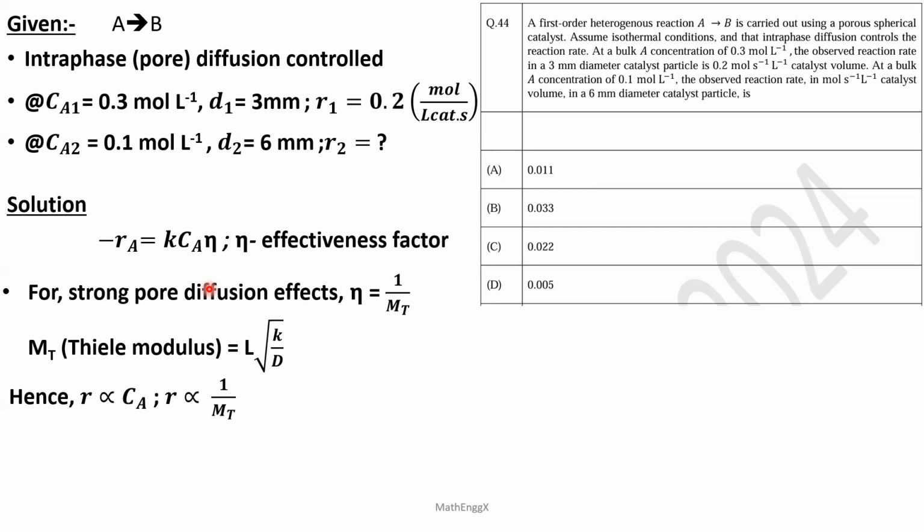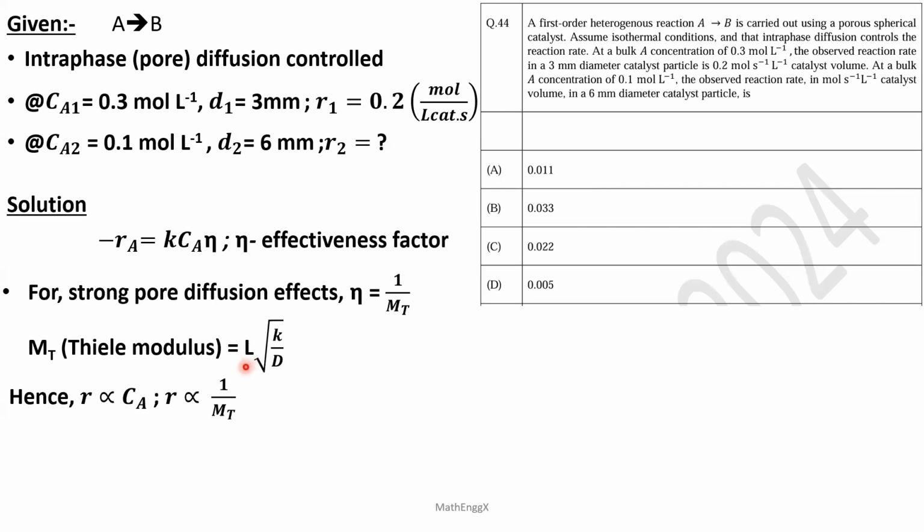So it is well known that for negligible pore diffusion effects, eta will be equal to 1, whereas for strong pore diffusion effects, eta will be equal to 1 by Thiele modulus. Thiele modulus is given as L into root k by D, where L refers to the characteristic length of the catalyst.